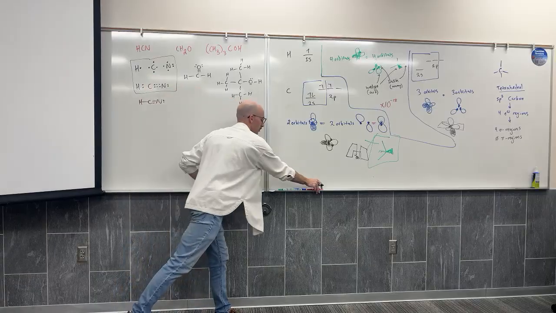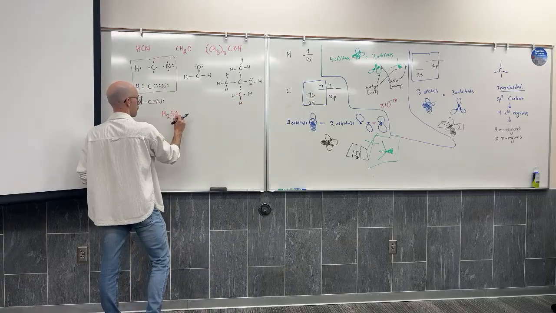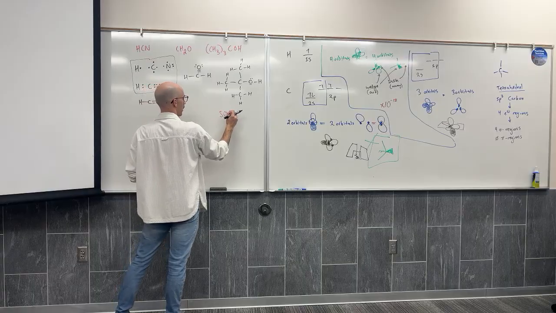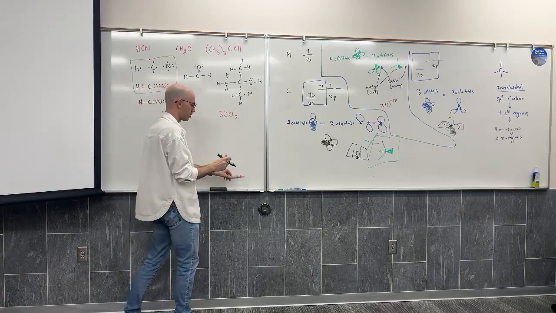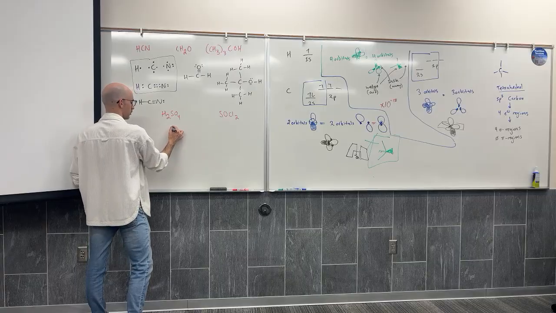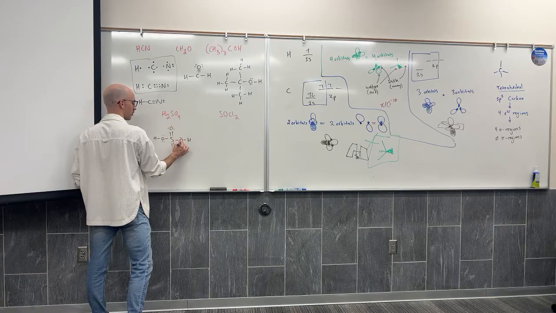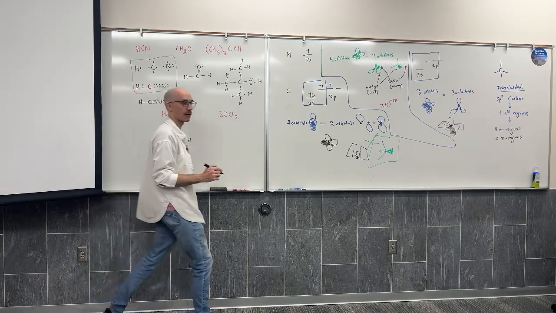H2SO4 trips a lot of people up. They're really not sure where the hydrogens should be. They're not sure where the oxygens should be. Sulfur is an odd structure in the periodic table because it has the capacity to take more than 8 electrons in its outer shell.